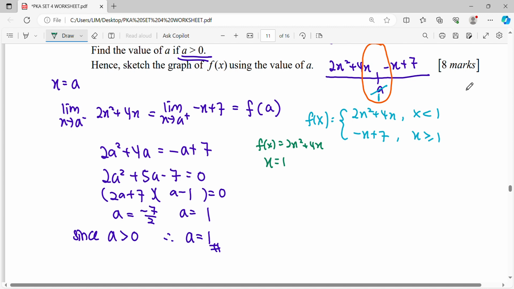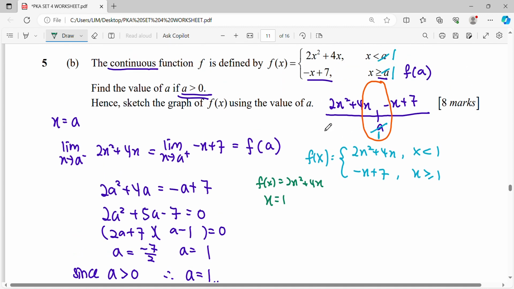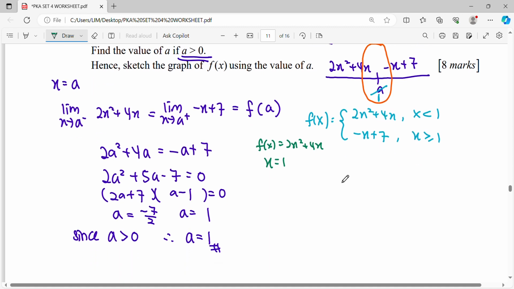You end at the point x equals 1, and x equals 1 is not included in this graph. So count the ending point here. When x equals 1, your function equals 6. So your ending point is at (1, 6).